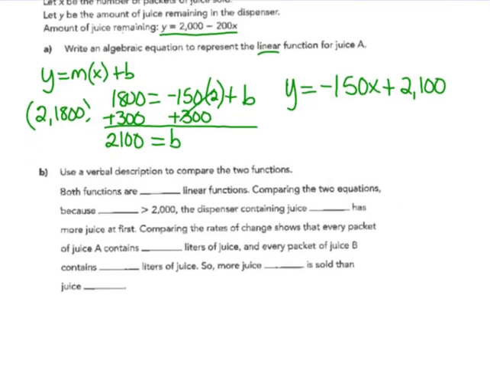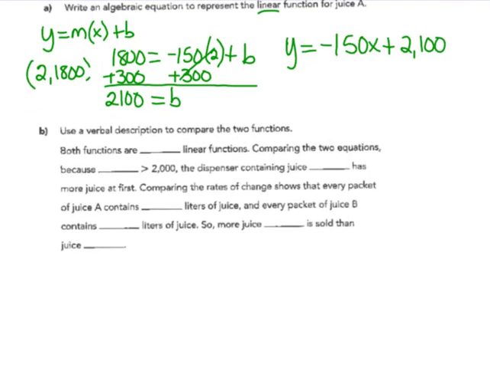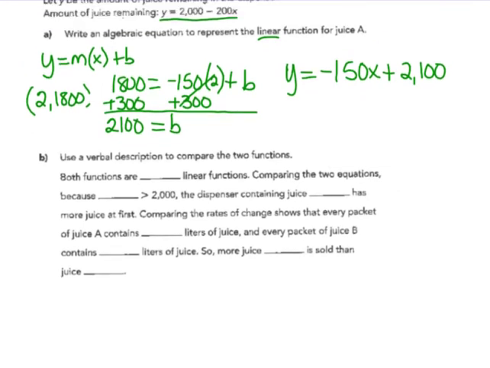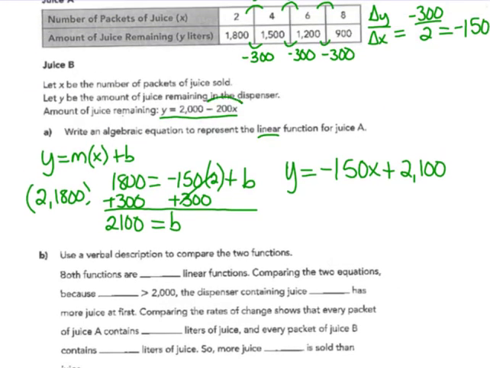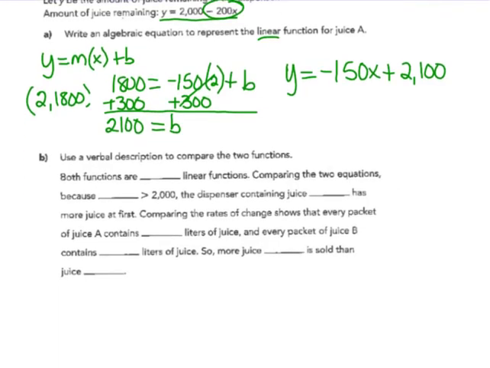Use a verbal description to compare these two functions. Both functions are decreasing. That's a negative rate of change, negative 200. And this one has a negative 150. So they are decreasing. I'm not going to put that on here. Decreasing linear functions.